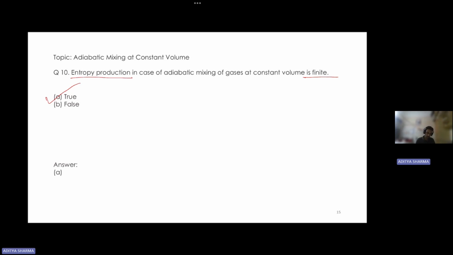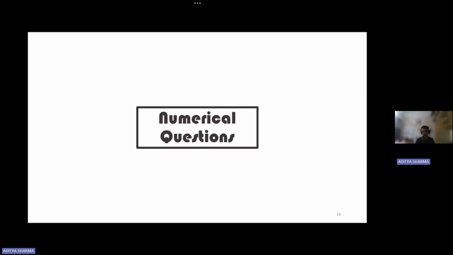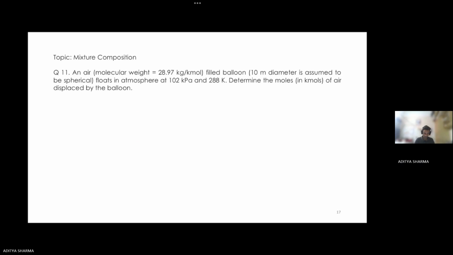Sorry. Moving on to your next section, that is numerical questions. Let's see how many numerical questions we are able to perform. I have a total of 7 numerical questions in these slides.